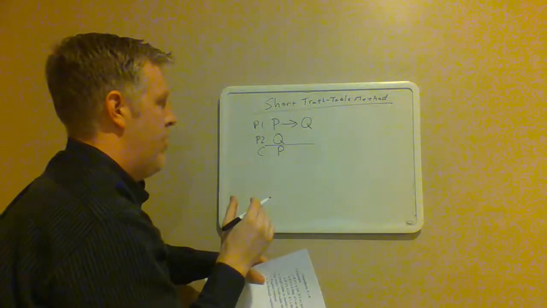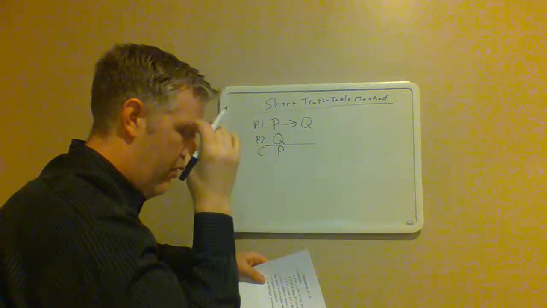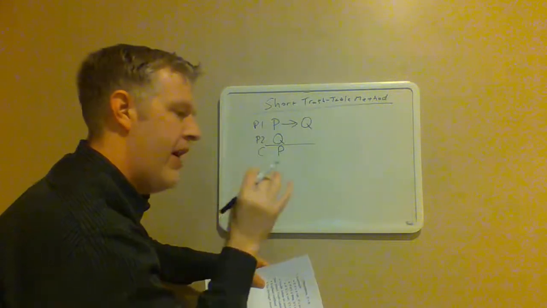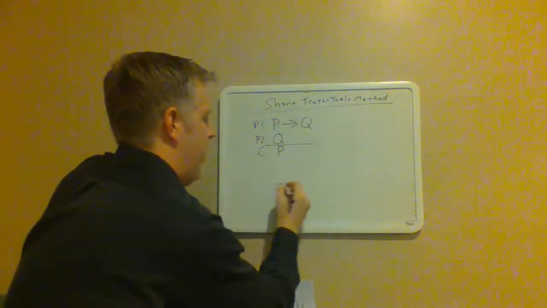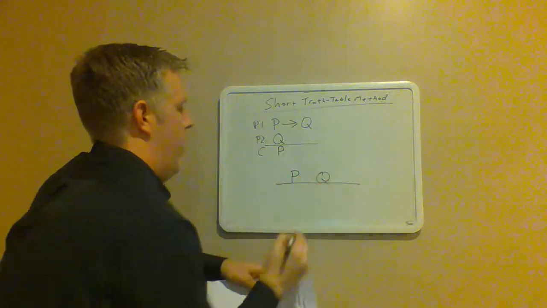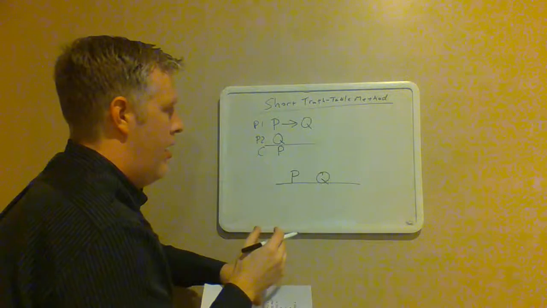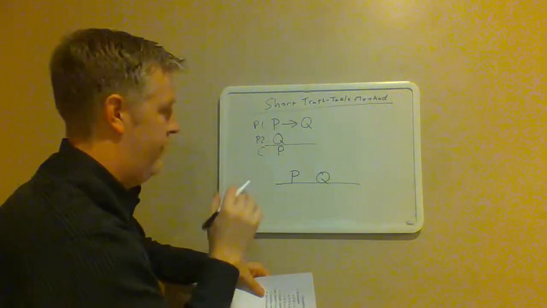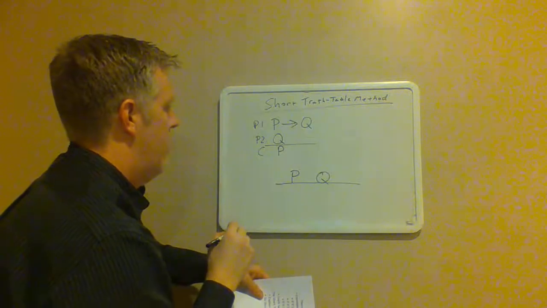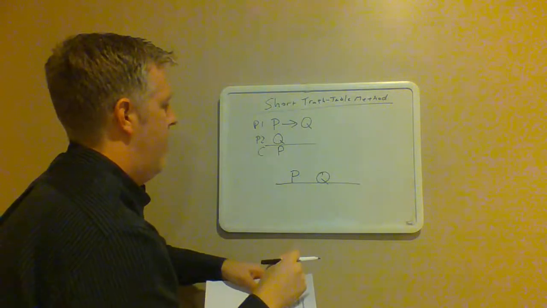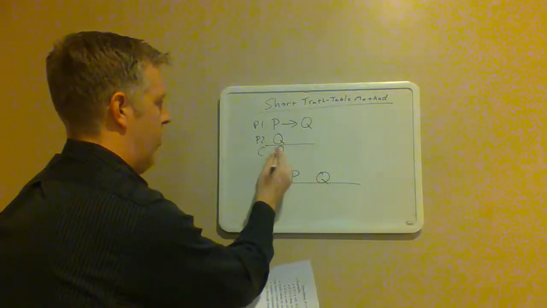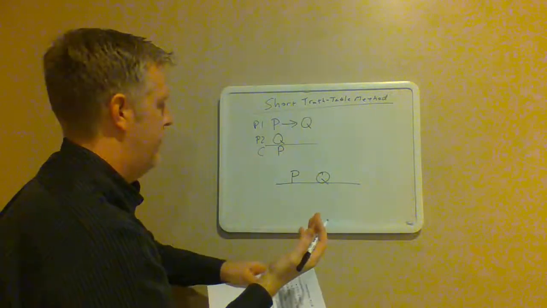What you're doing with the short truth table method is keeping in mind your main prerogative, even when you're using the long truth table method, and that's to find a case of truth values for the basic claim variables involved where the premises will turn out true and the conclusion false. Okay, so can we do that? In this case, we only have 2. Okay, so what do we need to make the conclusion false in this instance?